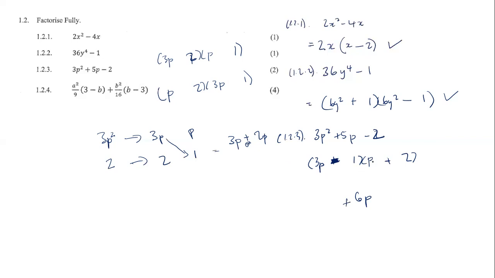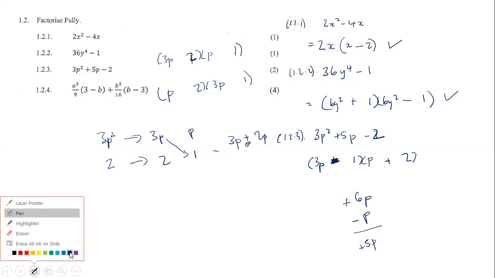Negative 1 multiplied by p is going to give you negative p. When you add them, positive 6 minus 1, it's 5p. Therefore, you get positive 5p in the middle term. Okay, that's how we solve this question.